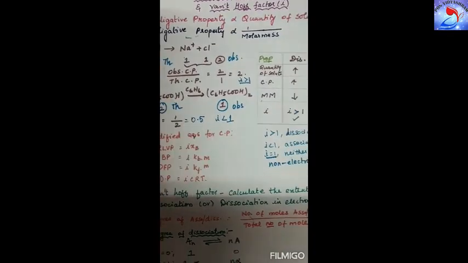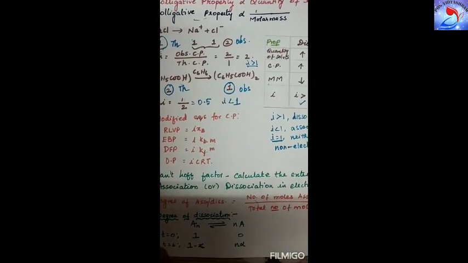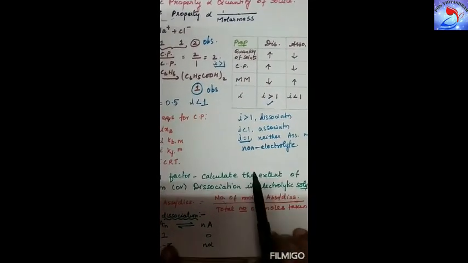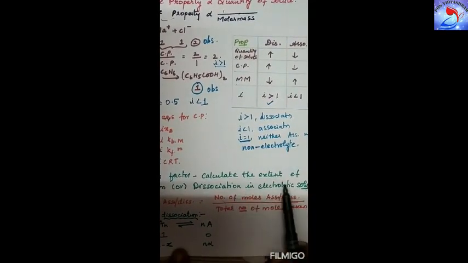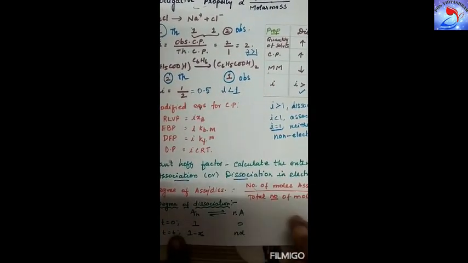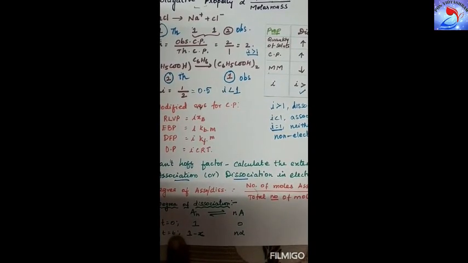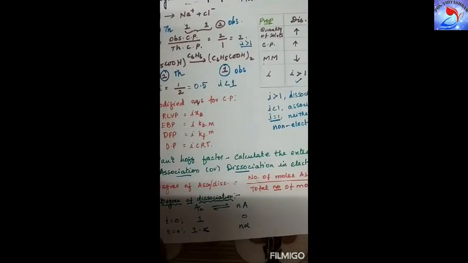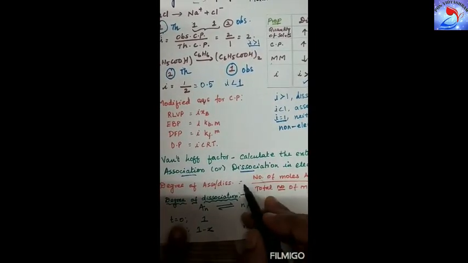Now what is the significance of this Van 't Hoff factor? Van 't Hoff factor i is used for calculation of the extent of association or dissociation of an electrolytic solution. What is meant by degree of association and degree of dissociation?